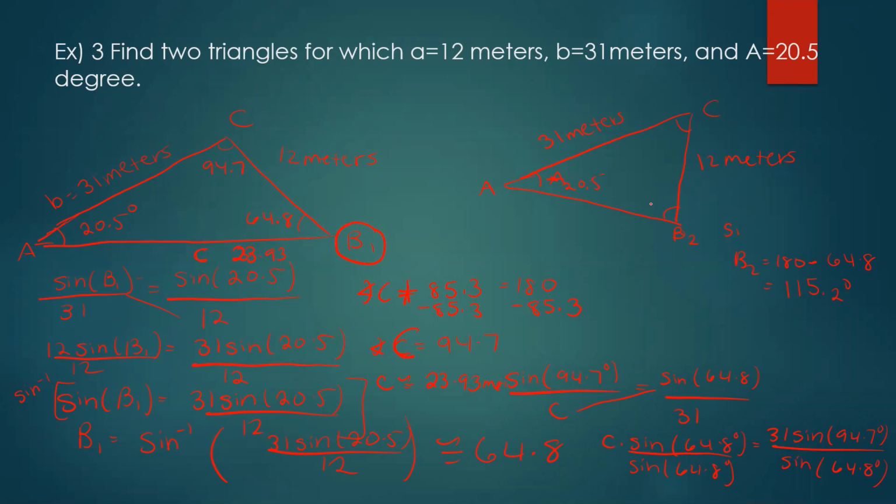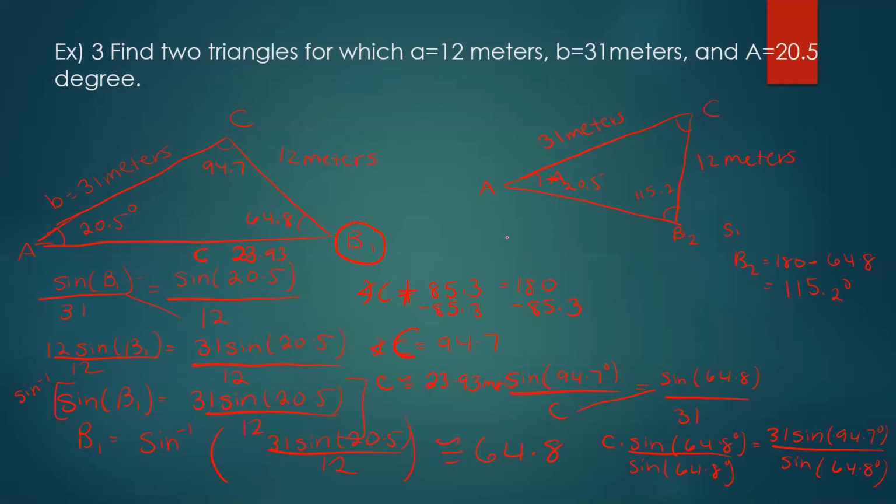So we didn't have to use the law of sine to find B2, because if we did, it would be the same thing as 64.8, right? The reason why we did 180 is because a triangle should add up to 180. So this is 115.2, and then we could find angle C, right?